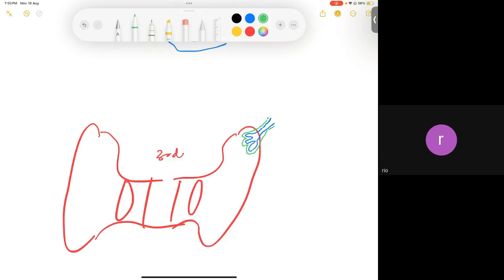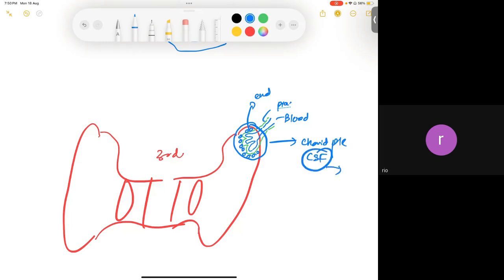Upon the pia mater, we have these ependymal cells. So we have formed three layers: a blood vessel surrounded by pia mater, surrounded by ependymal cells. Collectively, this complex of three layers is called the choroid plexus, and CSF is made by the choroid plexus. So let's discuss how CSF is made by the choroid plexus.